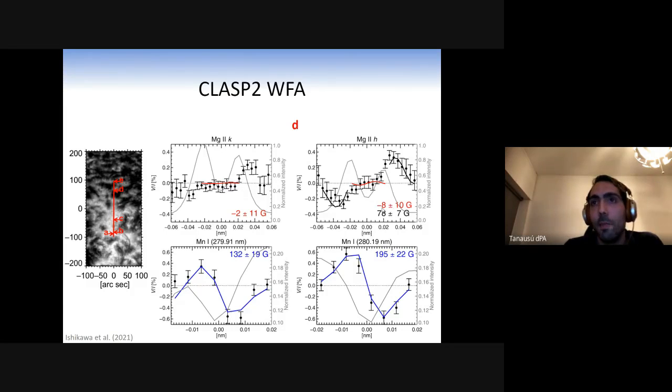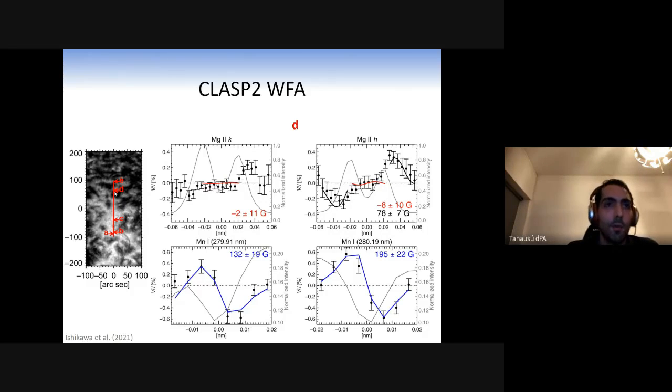In fact, it is compatible with zero magnetic field, while there is still a measurable signal in the wings of the H line and in the manganese lines. So we can get a magnetic field of significant amplitude above 100 Gauss in the middle and lower chromosphere, but almost nothing in the upper chromosphere.